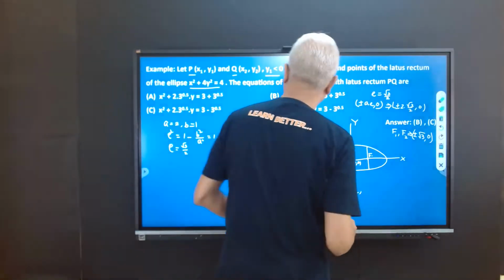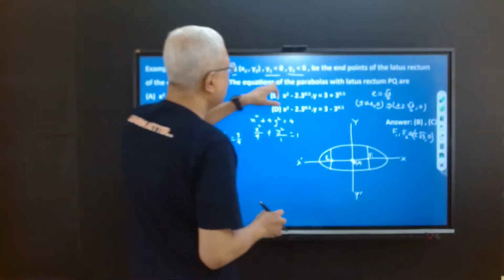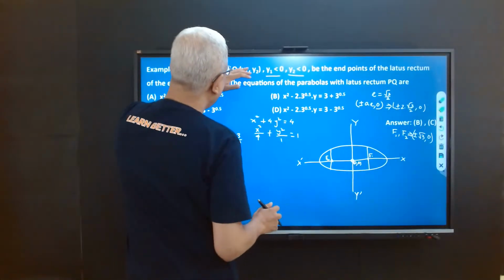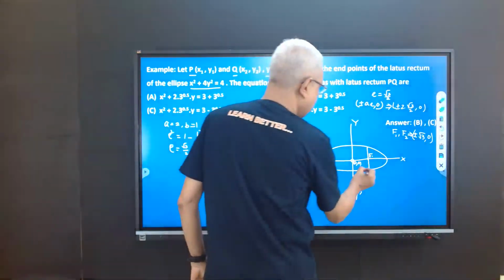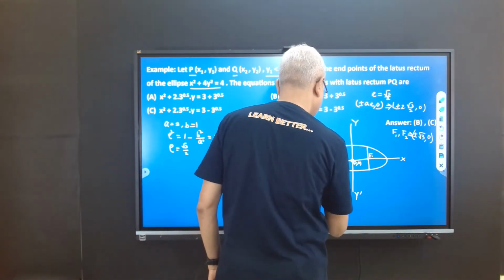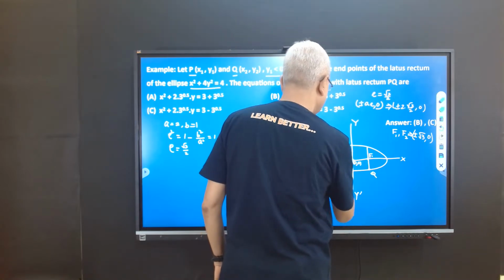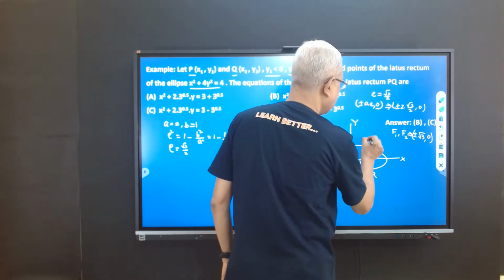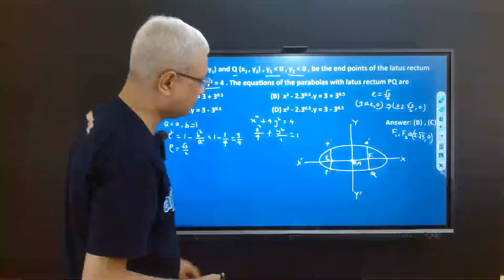Now, PQ are the endpoints of the latus rectum such that y1, y2 are negative. That means they are referring to these two points, P, Q. So PP dash is one latus rectum, QQ dash is another latus rectum.